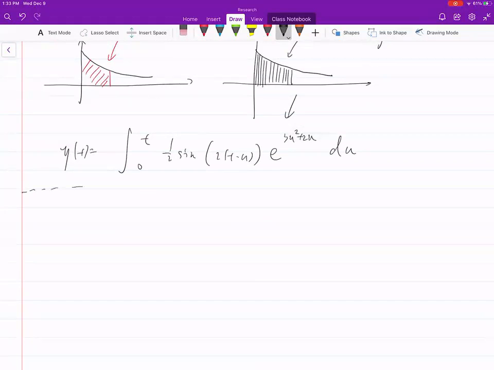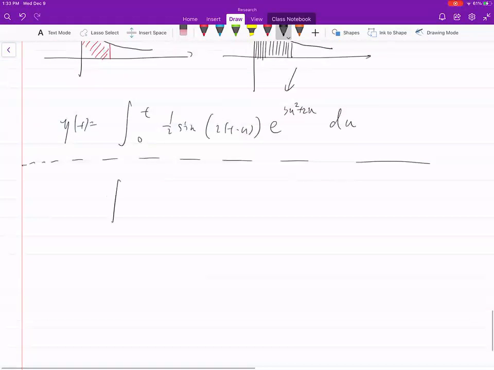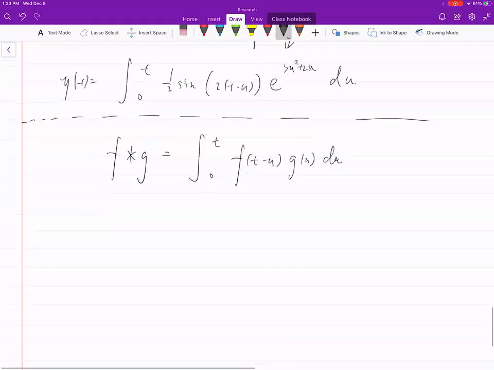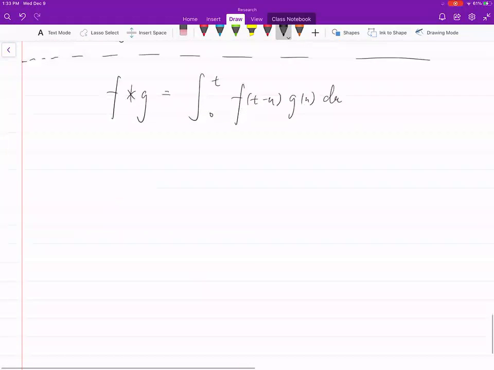All right. That's everything we need for convolution. Finally, like I promised, we can talk a little bit about the physical meaning of this. Okay.